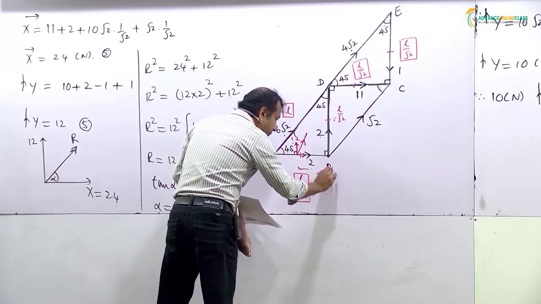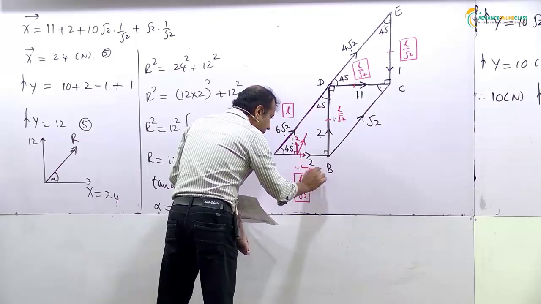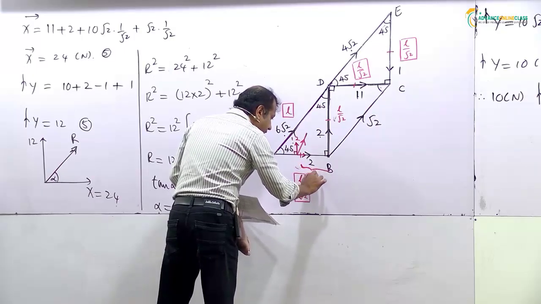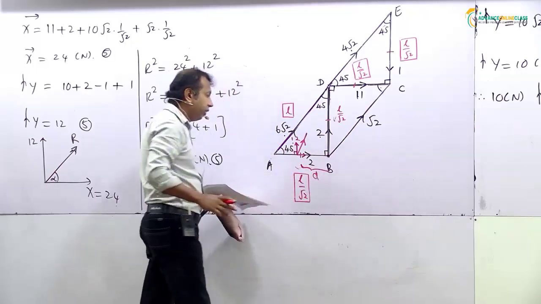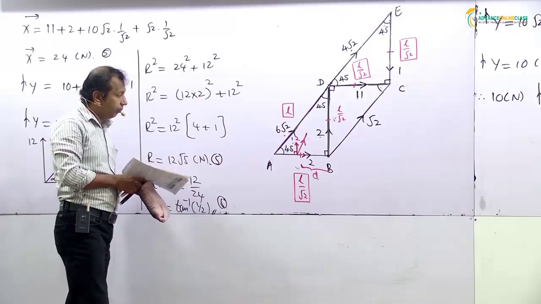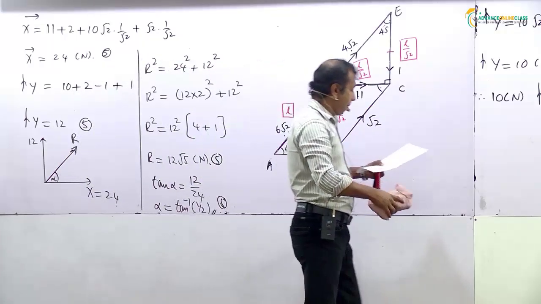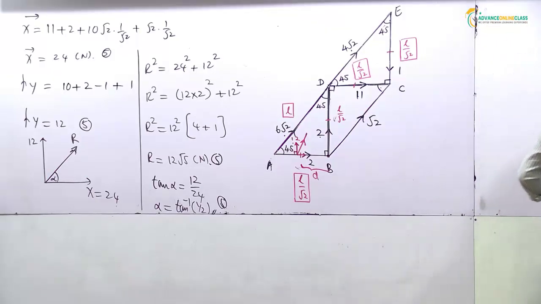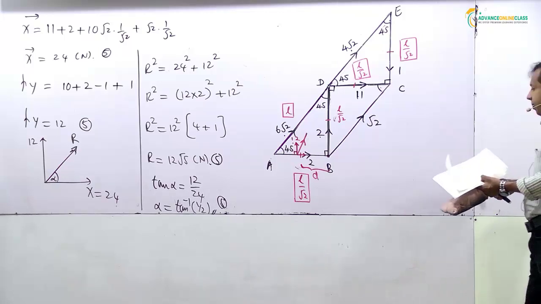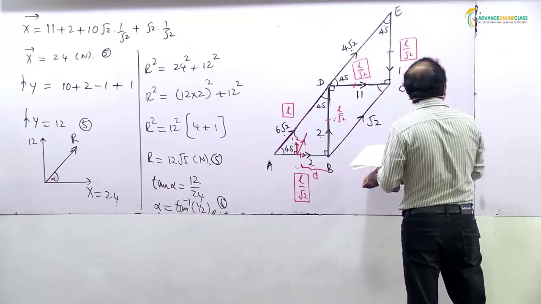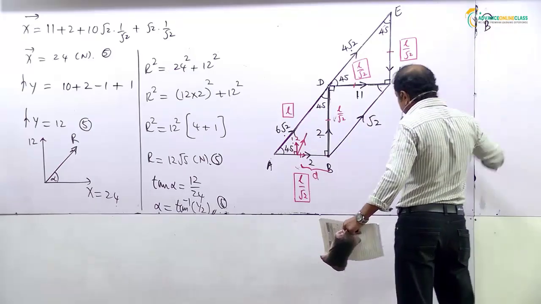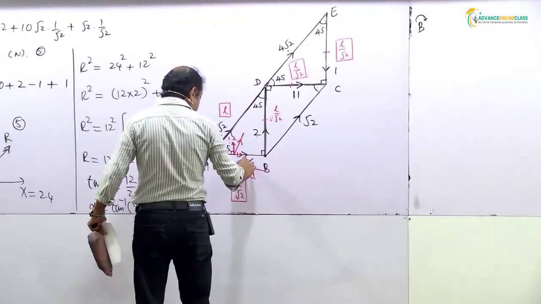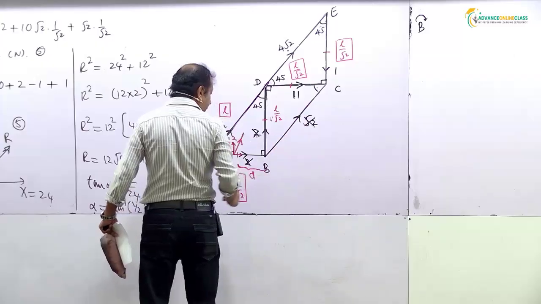Suppose this length to be D. This D. To find that D, I take moment around B. Take clockwise moment around B. This 2 doesn't give, this 2 doesn't give, this root 2 doesn't give, right?